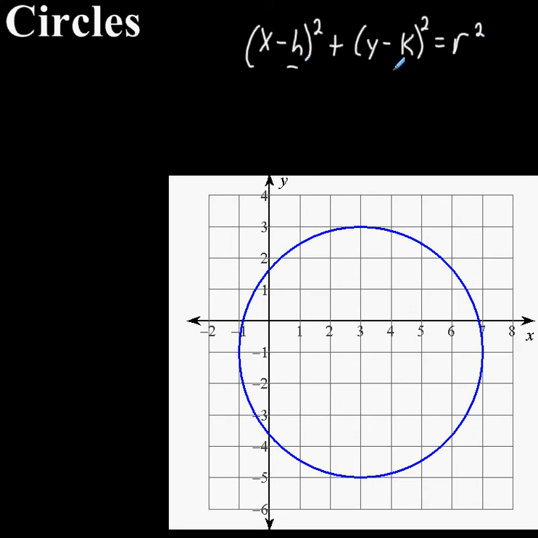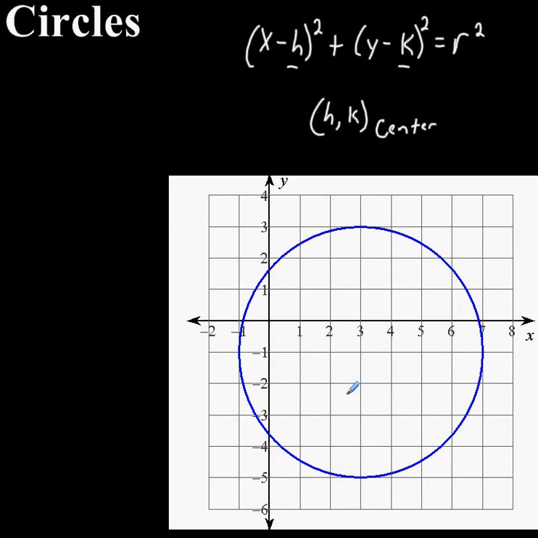Here your h and your k is always the center point. Of course, your radius is the distance from any point on the circle to the center.